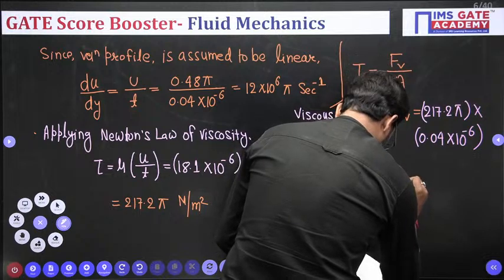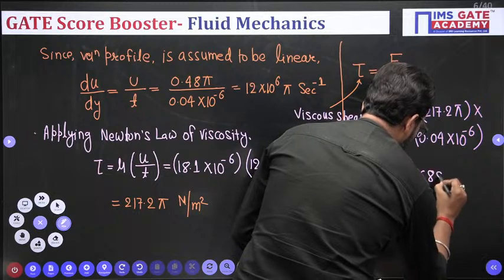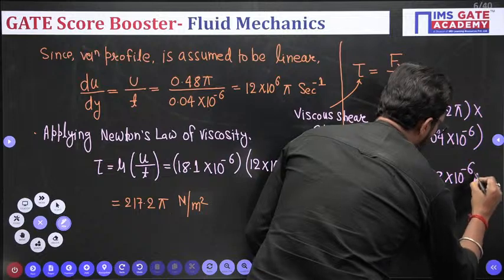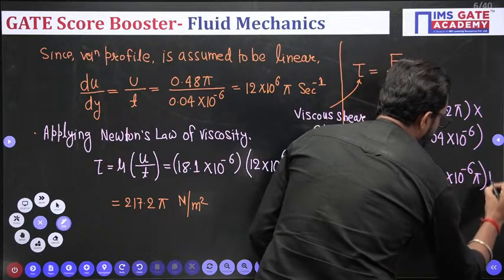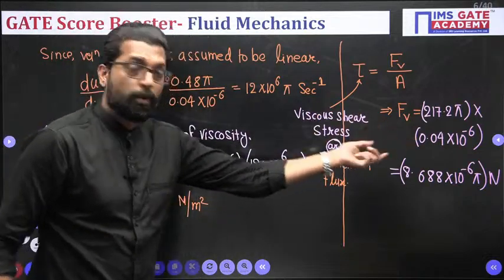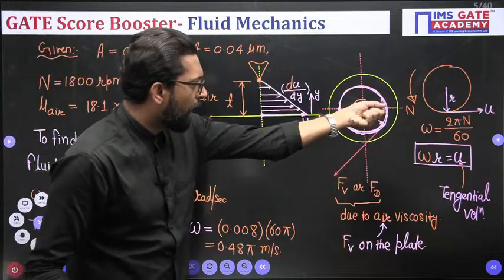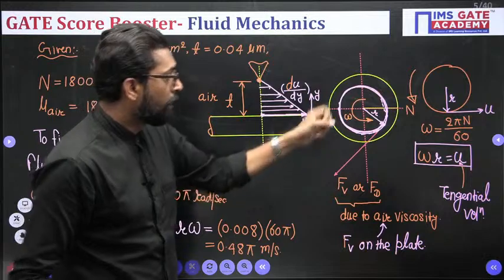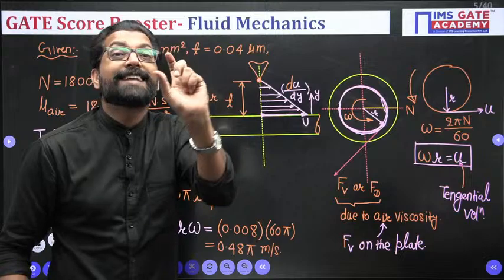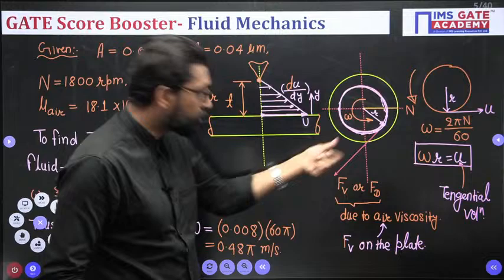So it is 8.688 cross 10 to the power minus 6 pi, and this is in Newton. Clear? This is the force required to resist the motion of the disc. Why? Because in between there is air, and air has a viscosity, so it will resist the motion of the disc.